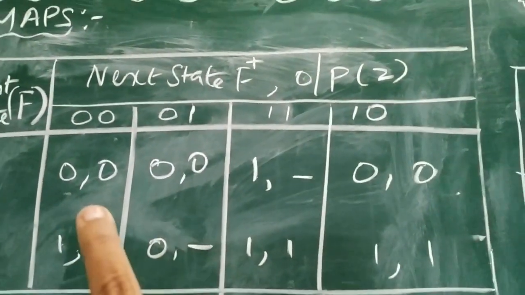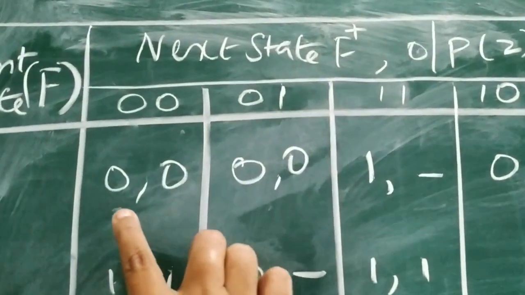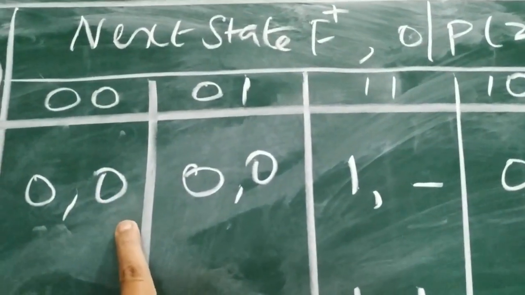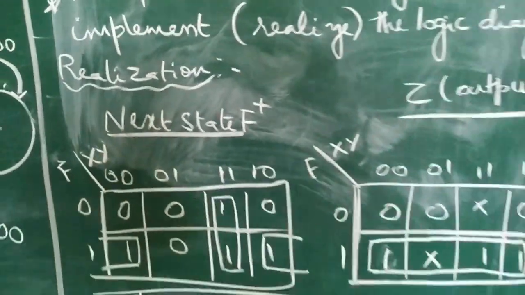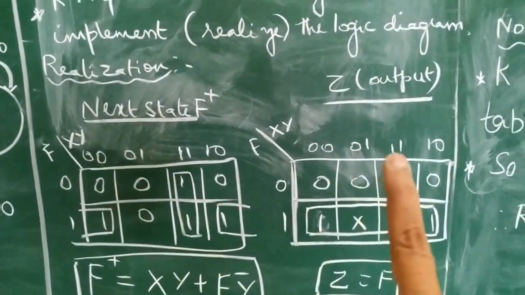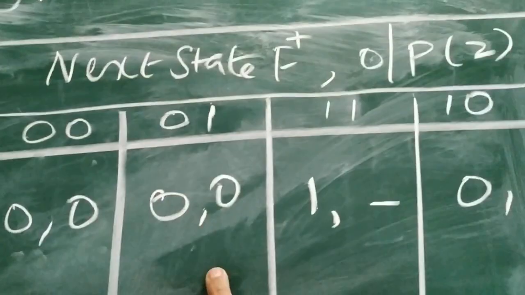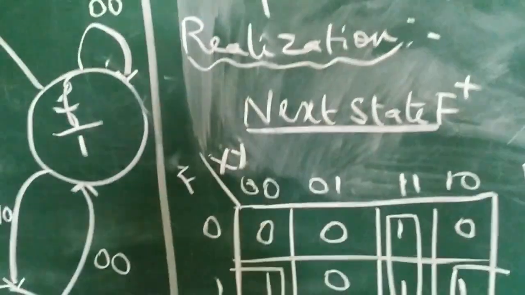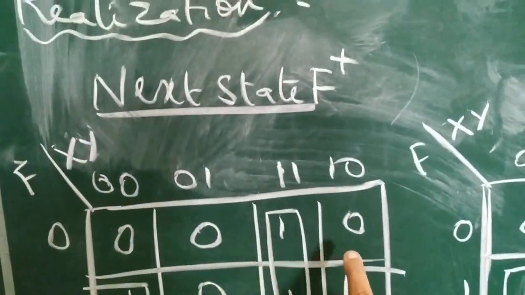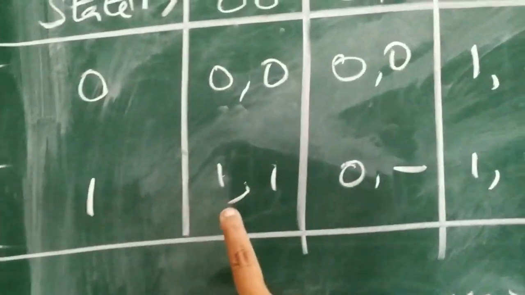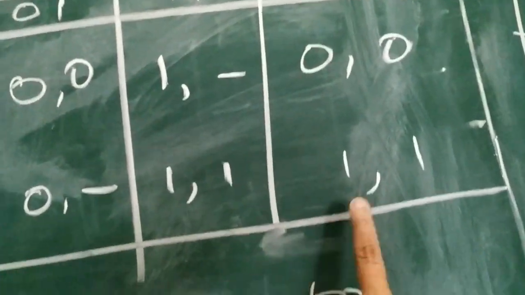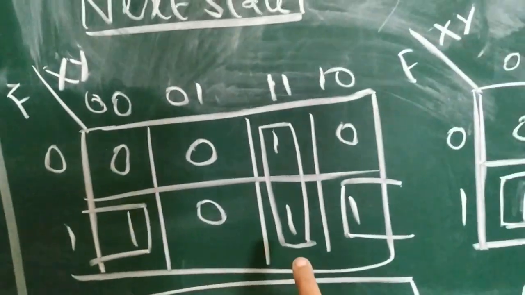To make you understand in a precise way, the first one is the next state, the next value is the output. Here we have two K maps, one for the next state, another one for the output. So take all the first values 0, 0, 1, 0 and write it in the K map 0, 0, 1, 0. And next 1, 0, 1, 1, write it below 1, 0, 1, 1.